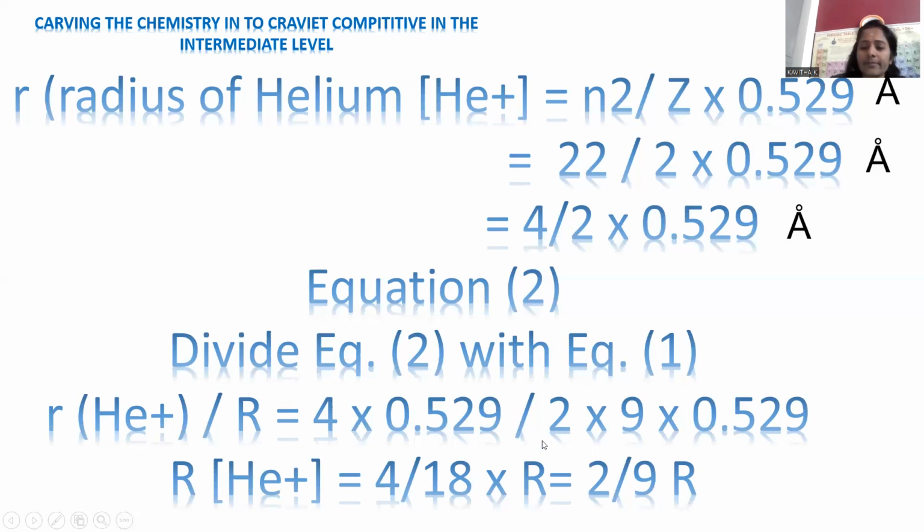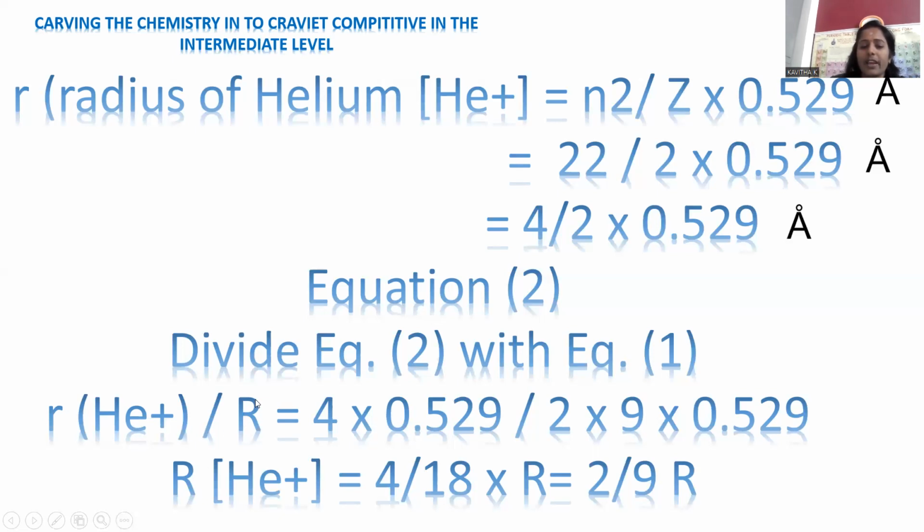If you see this, 0.529 is there in the numerator as well as the denominator. We can cancel out these two terms. Then the concise equation will be 4 over 2 into 9. 2 into 9 is 18, so 4 by 18.